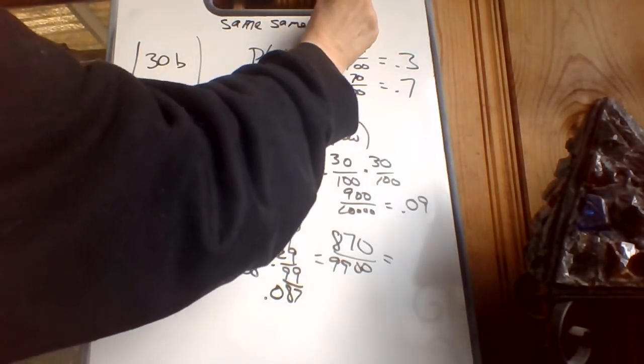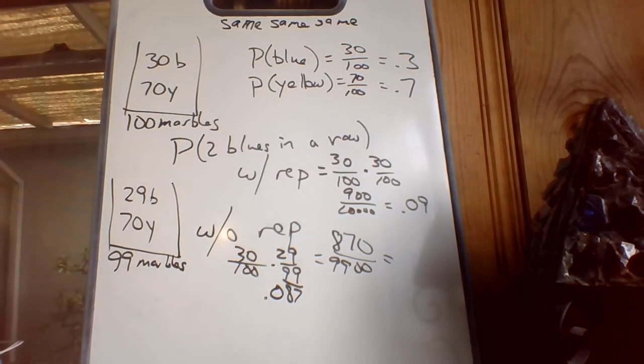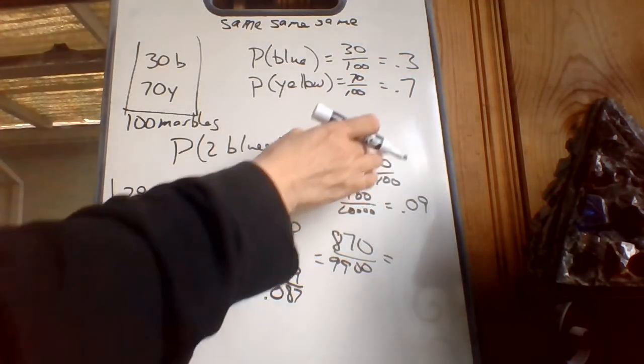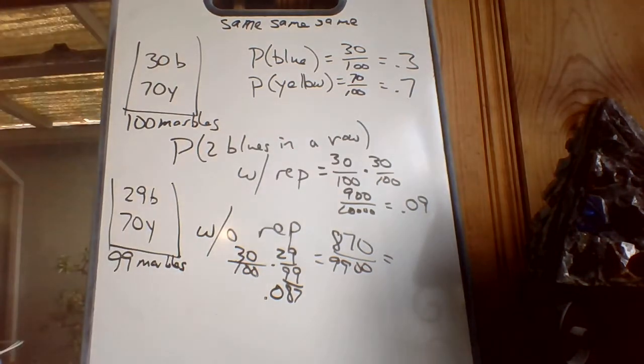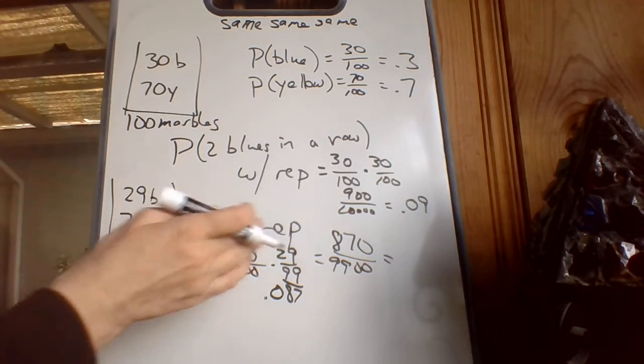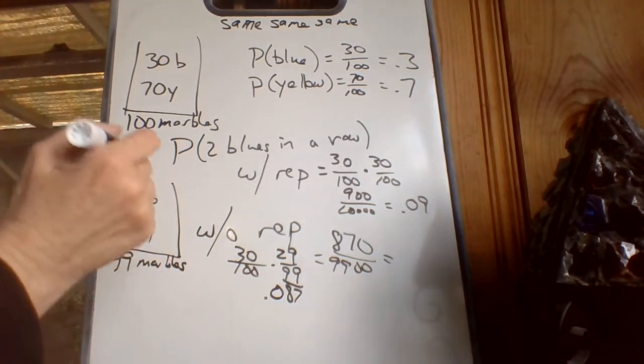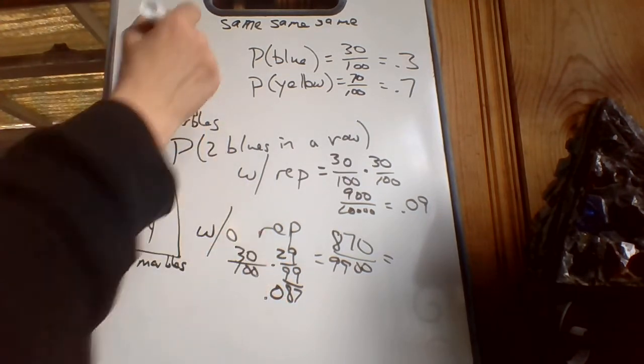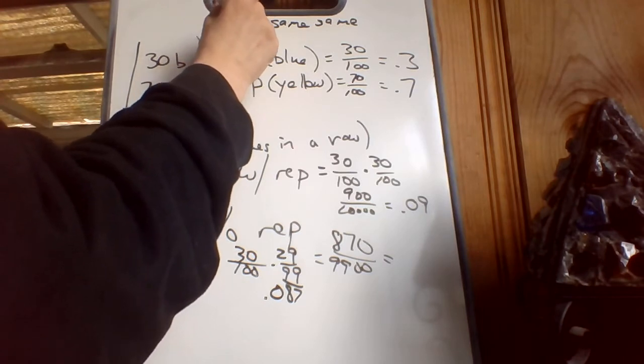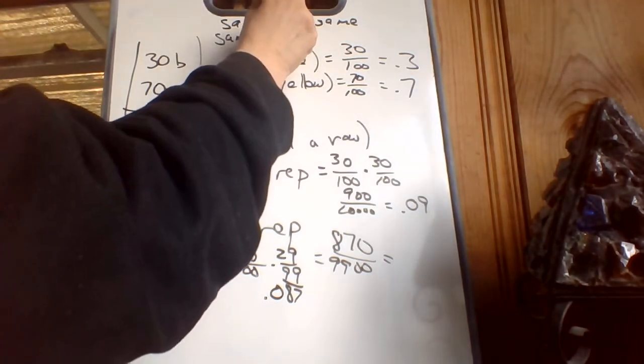If it said 3 instead of 2, I would just do 30 out of 100, 30 out of 100, 30 out of 100, multiply them all together. Okay, but if it's without replacement, this is just 2. But if it's 3, I start the same, but then I do 1 less.